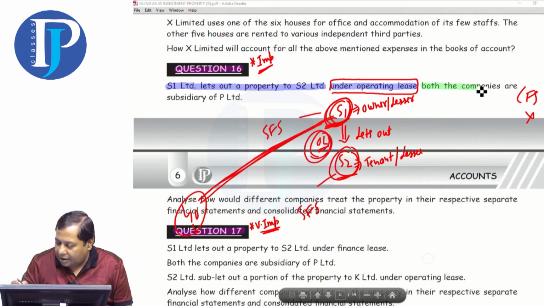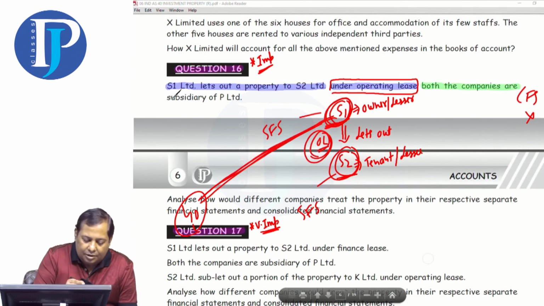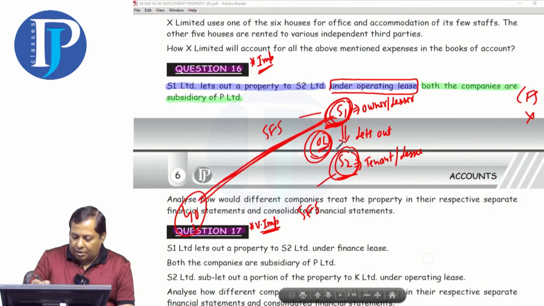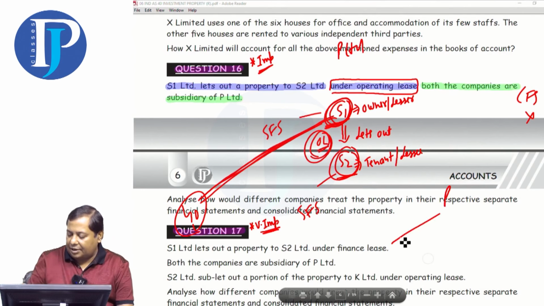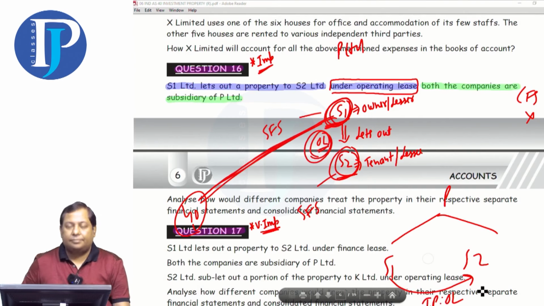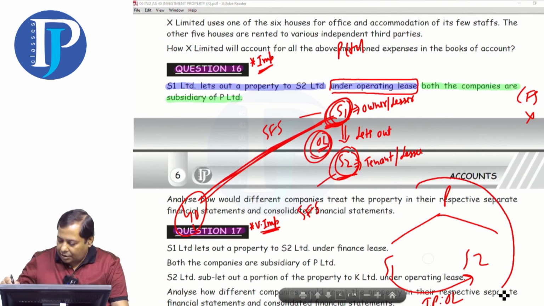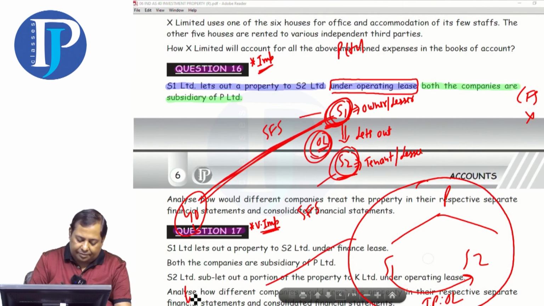The question says both the companies are actually the subsidiary of P Limited. This is how the chart is. P, S1, S2, it has given the properties on operating lease. These three will form a group.